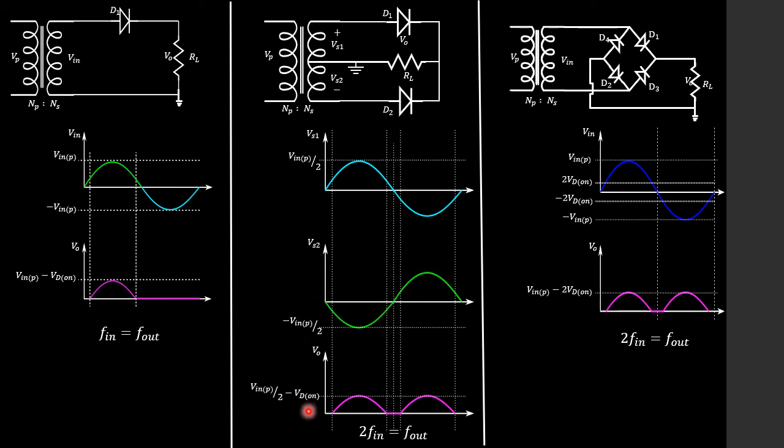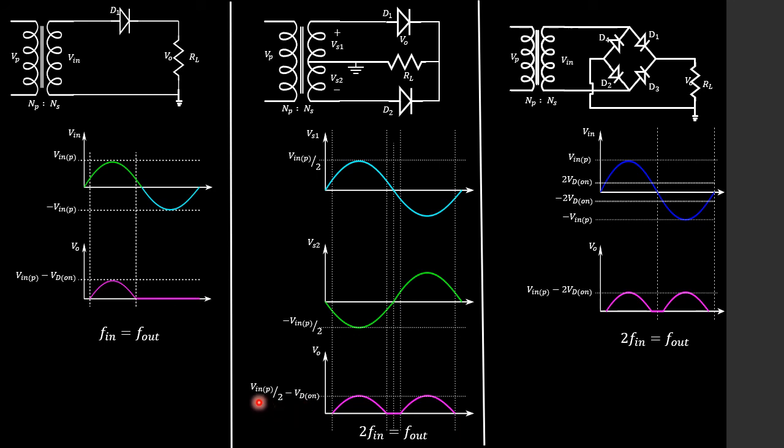And we then see that the output across our load resistor for our center tapped full wave rectifier circuit has a peak output which is the input peak divided by 2 minus our diode on voltage.